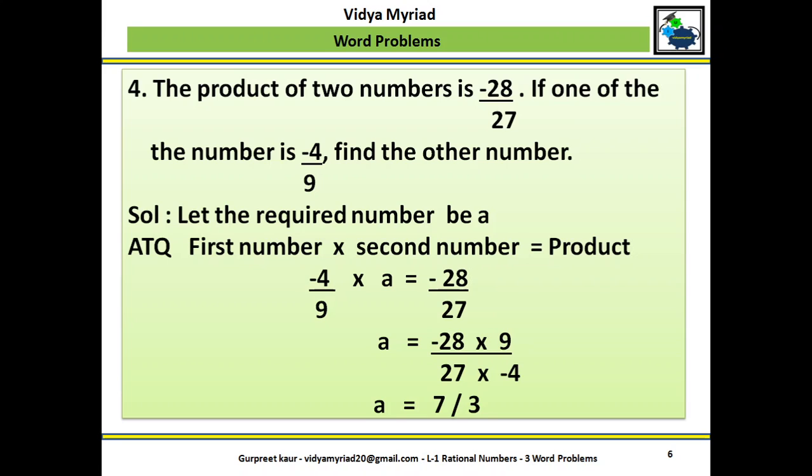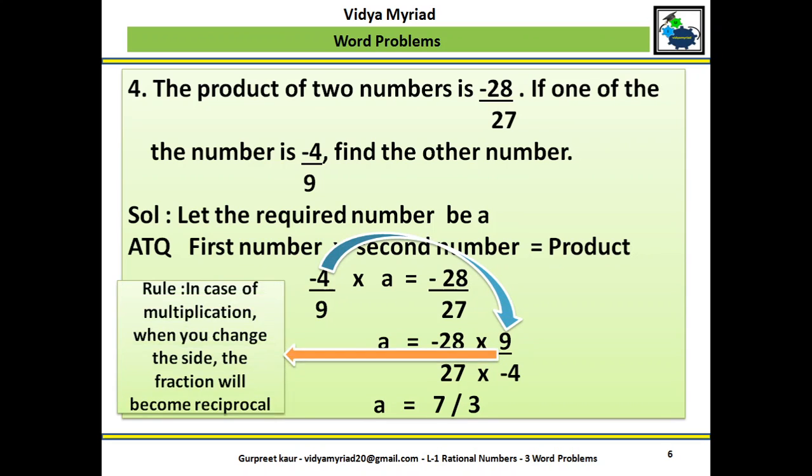So first number is minus 4 upon 9 multiplied by the required number, which is a, is equal to minus 28 upon 27. Now here you see you have multiplication. So when you change the place, as I have to find out the value of a, I need to take minus 4 upon 9 to the other side. When I take it to the other side, you can see that it becomes the reciprocal.